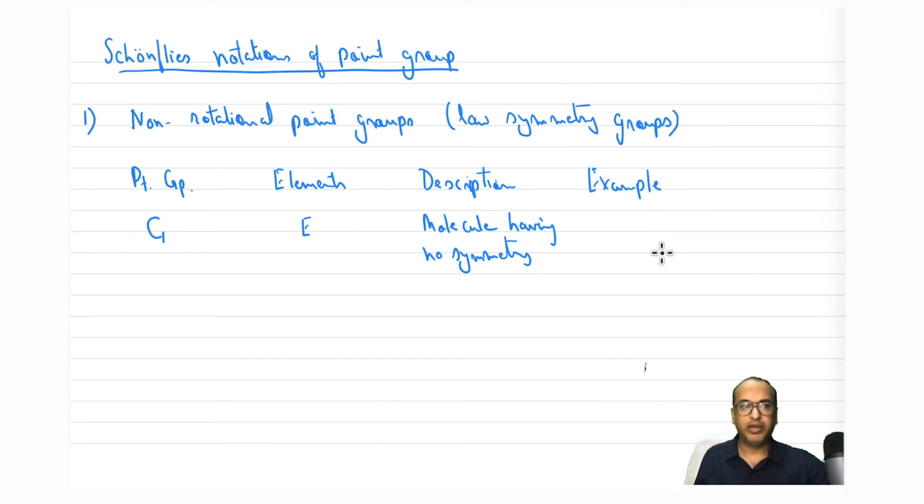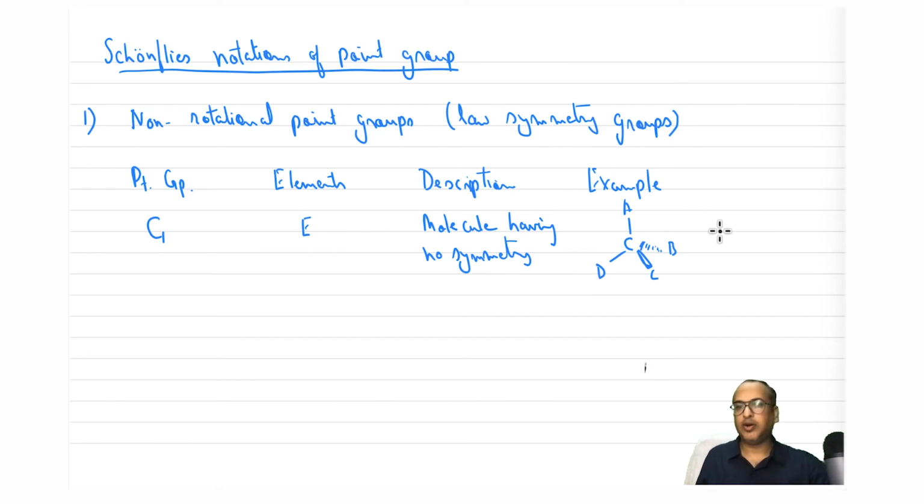An example can be when all four atoms of a tetrahedral center are different, so you can say A, B, C, D.